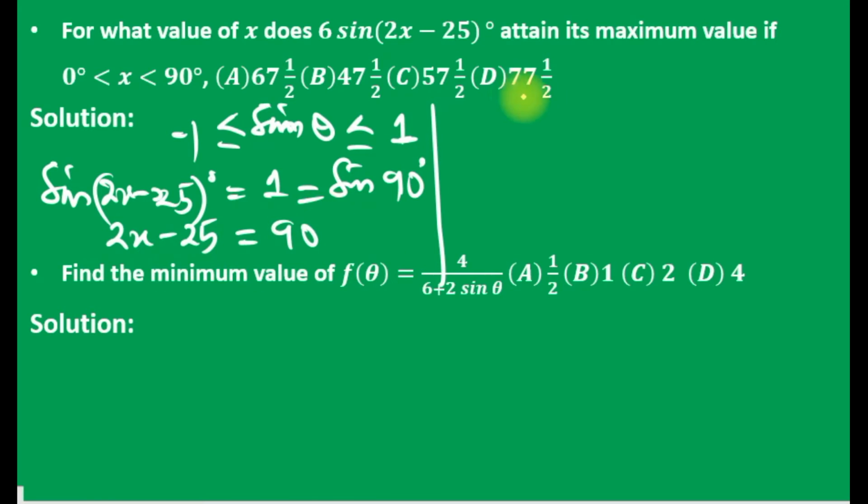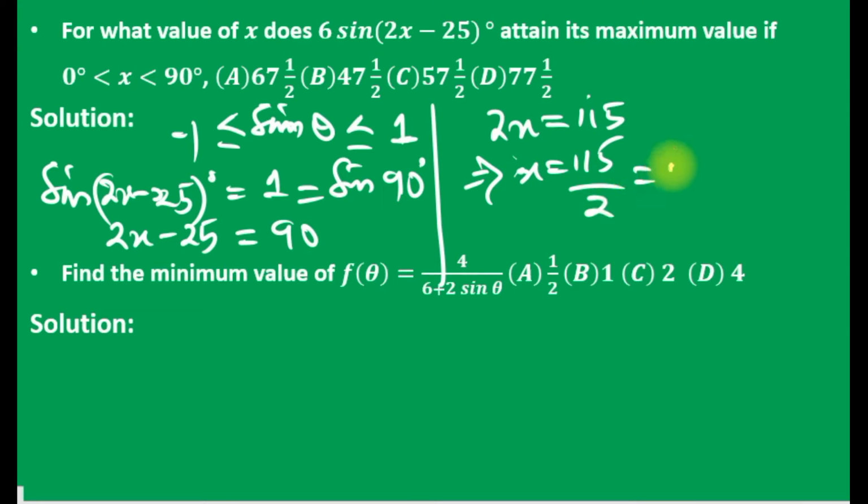So we'll solve for x. We have 2x equals 90 plus 25, that is 115. So divide both sides by 2. Therefore, x is 115 over 2, which is 57 1/2. So that's the answer. The answer is C.